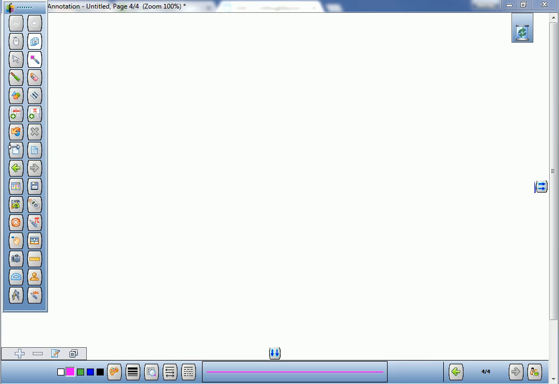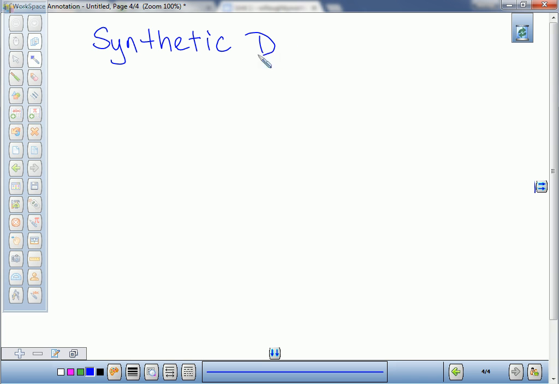Okay? But there is a shortcut, and our shortcut is using synthetic division. We're about to do the same problem with synthetic division. We've got some rules with synthetic division though.